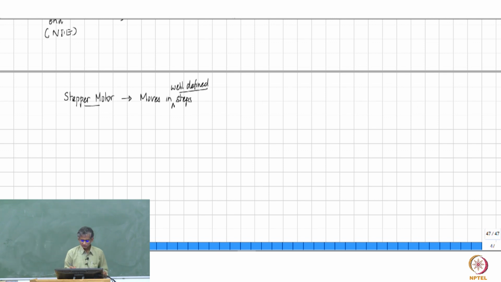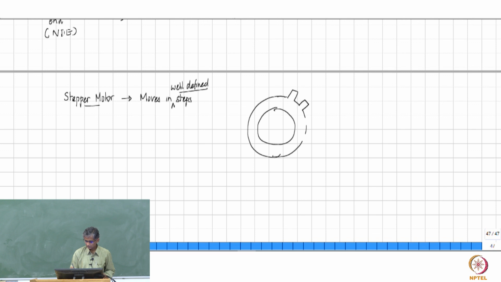So, essentially, if you are going to have a machine with a stator and the rotor, the stator then has slots like that and so on, and the rotor has extensions like this, right?